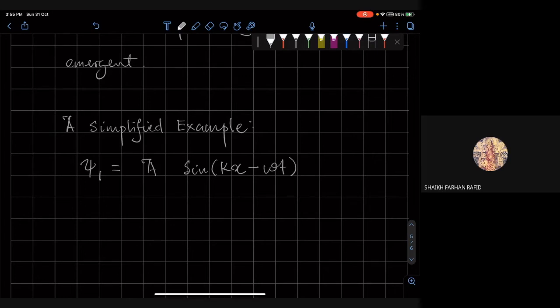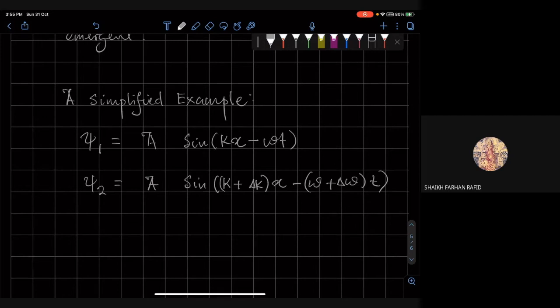And then we have psi2, which has the same amplitude a, and I'm doing this for simplification. Sine of k plus, say, delta k x minus omega plus delta omega t. So delta k and delta omega are small.